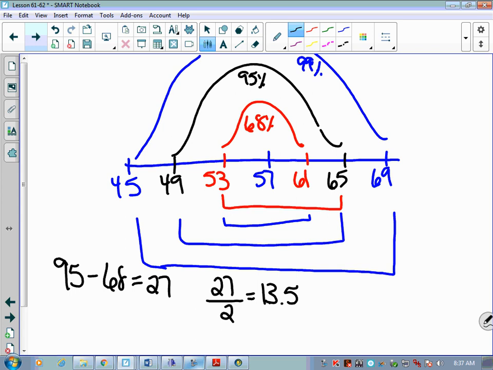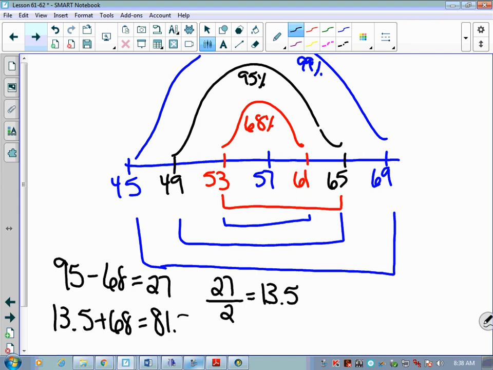Because we're getting all of the 68, right, but we're only getting half from 68 to 95. So we're going to take 13.5 and add it to 68. What's 13.5 plus 68?